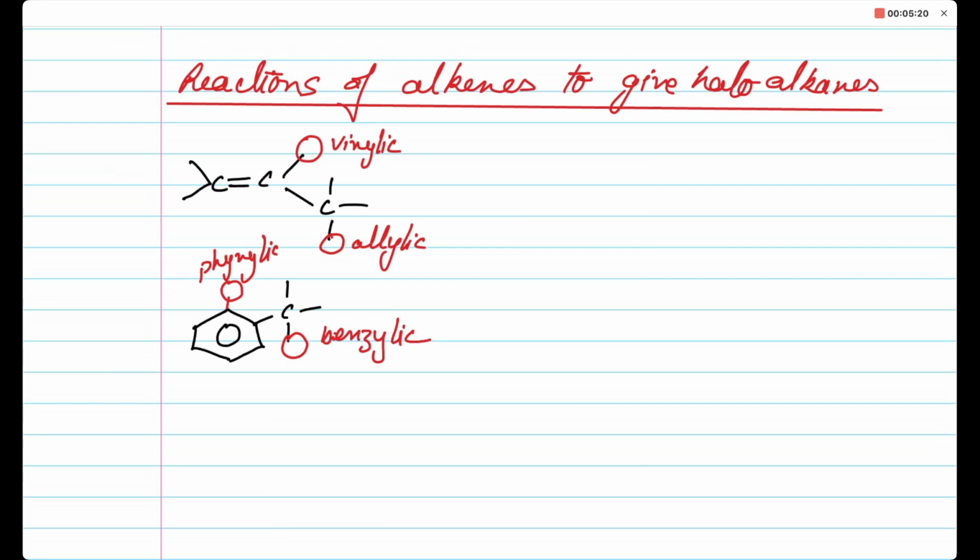Now, you need to understand that if we talk about the double bonded carbon, whether it be in the benzene ring or in the normal aliphatic compound, this particular carbon is sp2 hybridized. Being sp2 hybridized, the bond strength of this carbon is greater than the carbon which is sp3 hybridized. So the hydrogen attached to the vinylic position is less reactive.